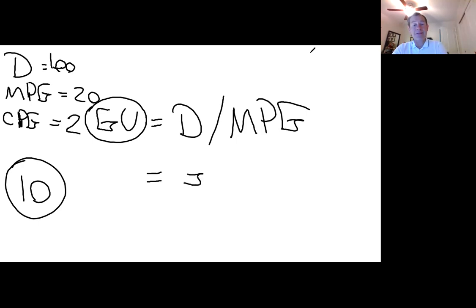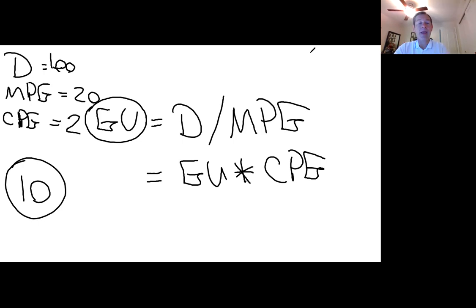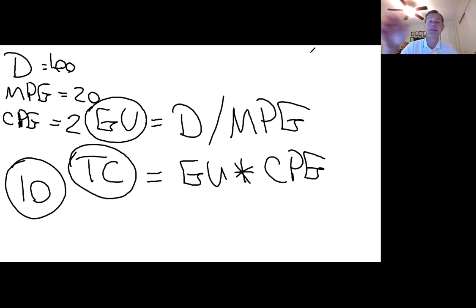I'm going to take gallons used and multiply that by the cost per gallon. And that's going to give me my trip cost. So here again is another calculated value. I'm going to circle all of my calculated values. And because gallons used is used in the second calculation, I have to do it in this order.